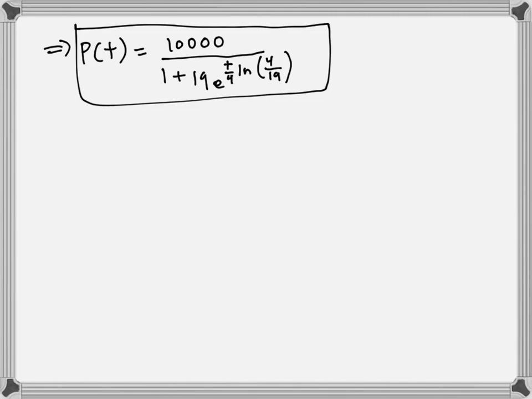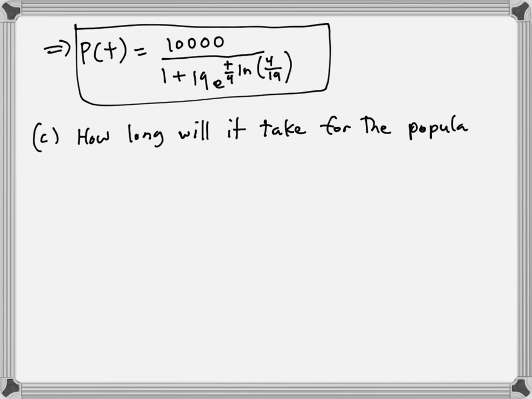We do have one more part to this problem. Let's go ahead and ask the following question. How long will it take for the population to reach 7,500 using both models?